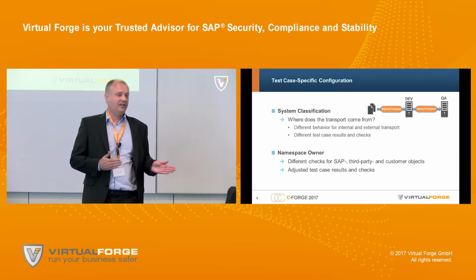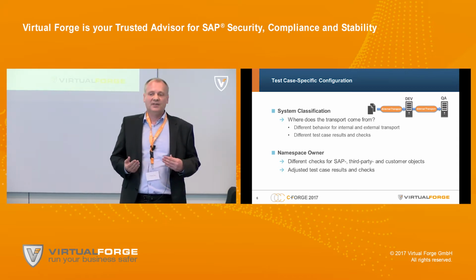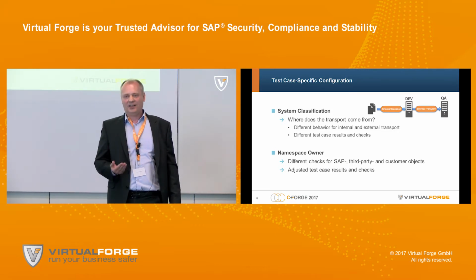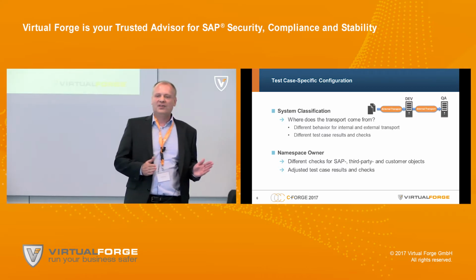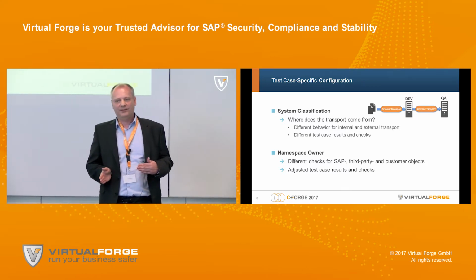Is it third party, is it SAP, is it my own? To define the rules and also to provide the corresponding test case result. There are sometimes other rules valid for SAP transport than for my own transport.